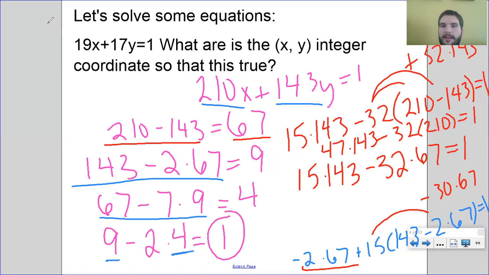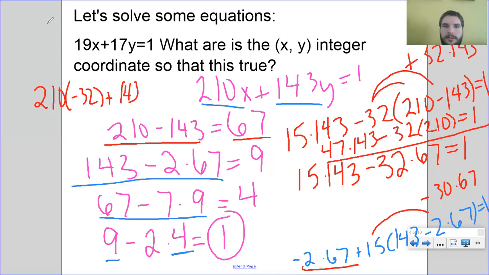And now I rewrite this because I don't really like the way it's written here. This is 210 times negative 32 plus 143 times 47 equals 1. And so our solution, or one of our solutions, is negative 32, 47.